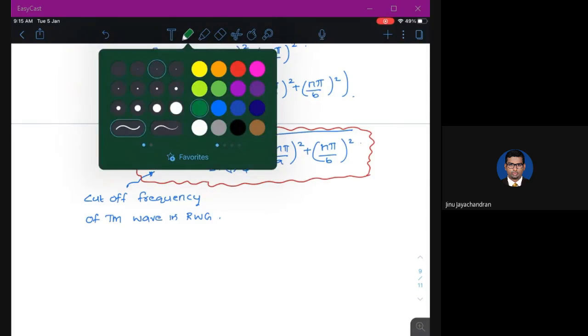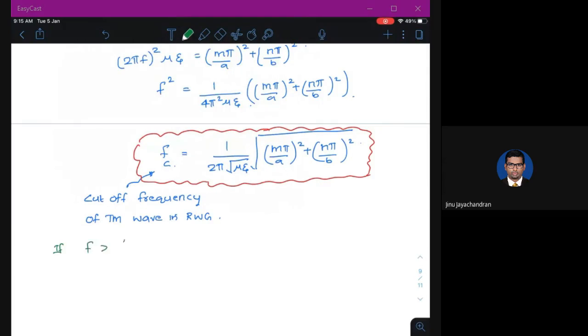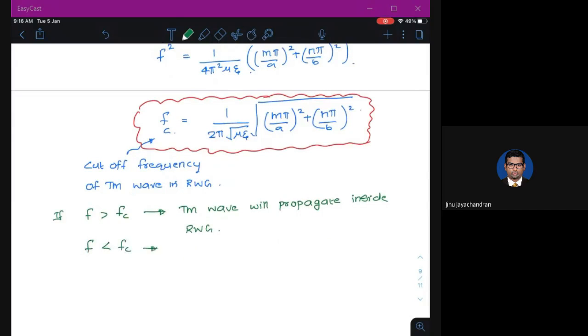If f is greater than fc, TM wave will propagate inside the rectangular waveguide. If f is less than fc, no wave motion. So this is called the cutoff frequency. It's kind of like a high pass filter.